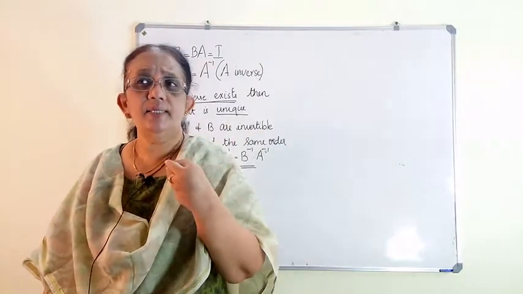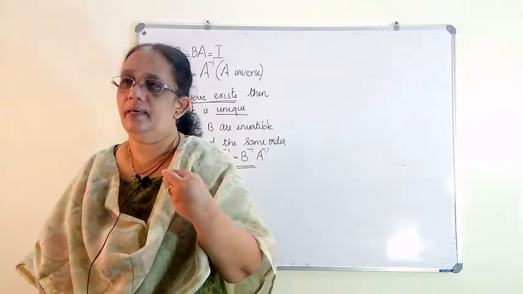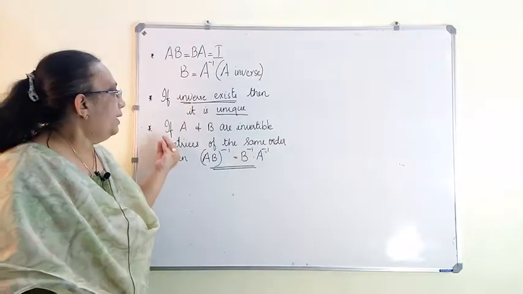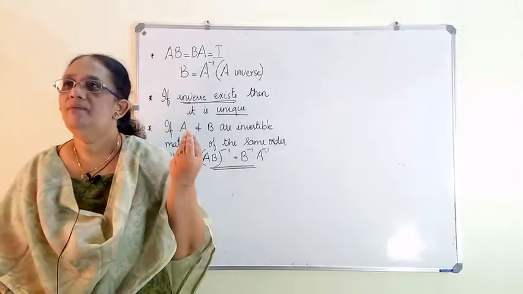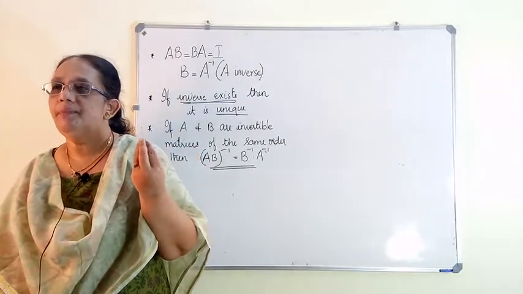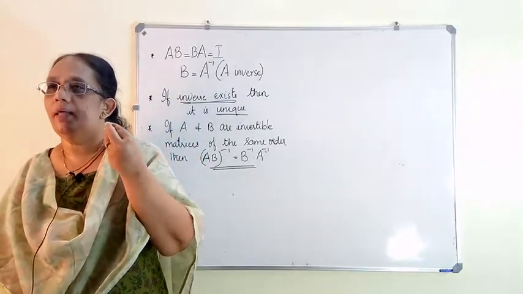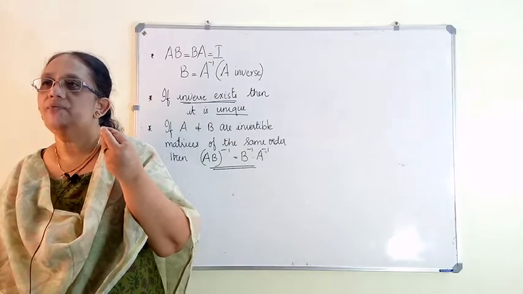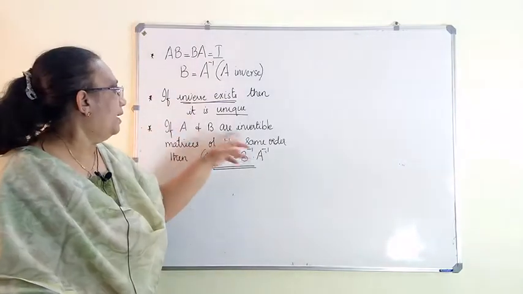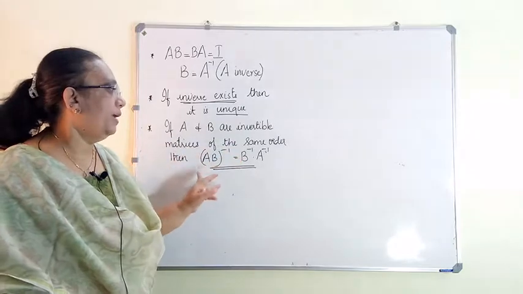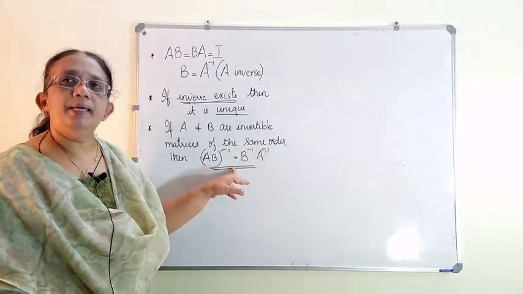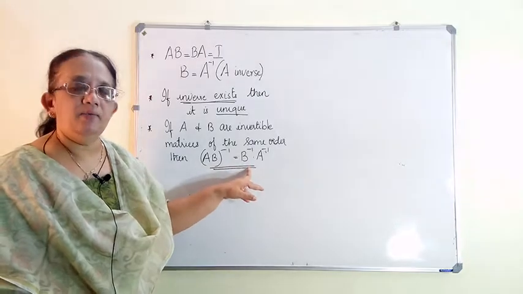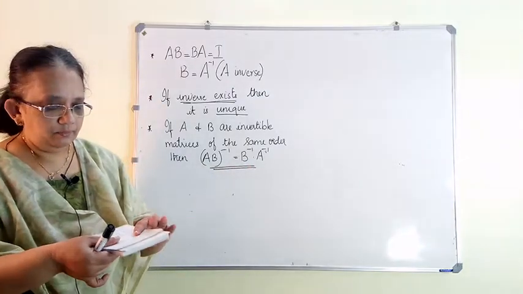If inverse exists, then that inverse is unique. And the third one, if A and B are invertible matrices. What do you mean by invertible matrices? Invertible matrices means you can find the inverse of A and B. If A and B are invertible matrices of the same order, then AB the whole inverse is equal to B inverse into A inverse.